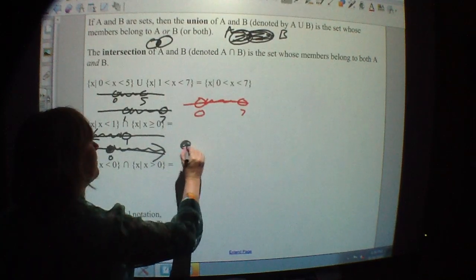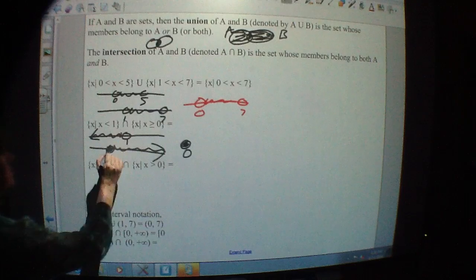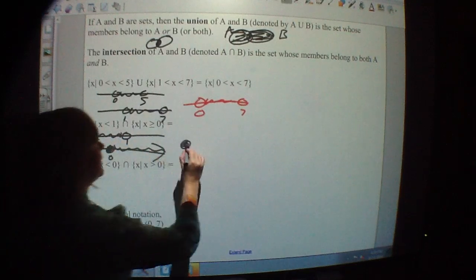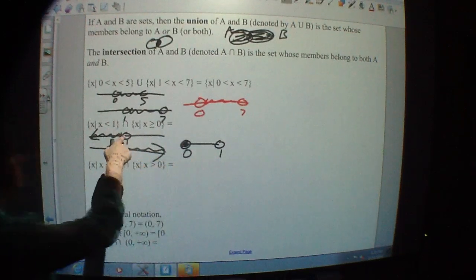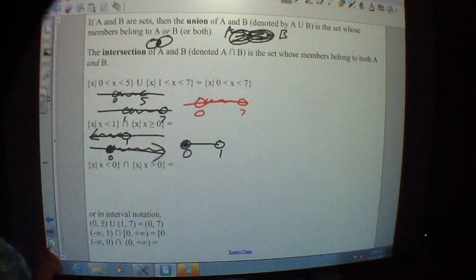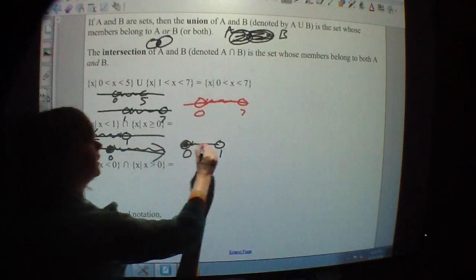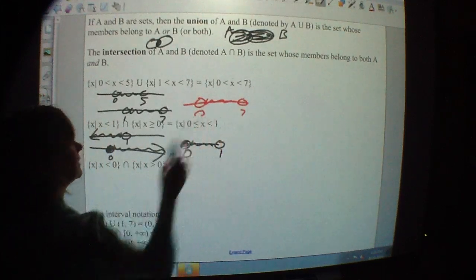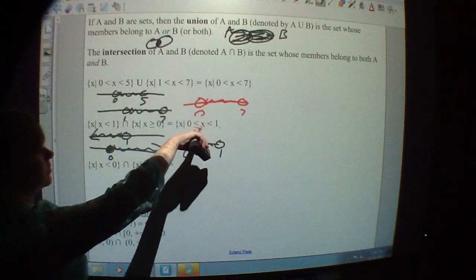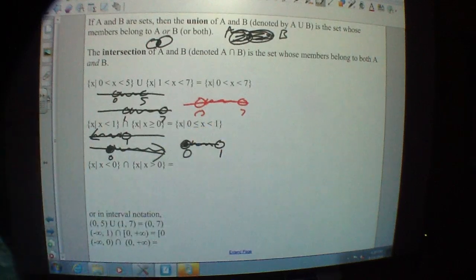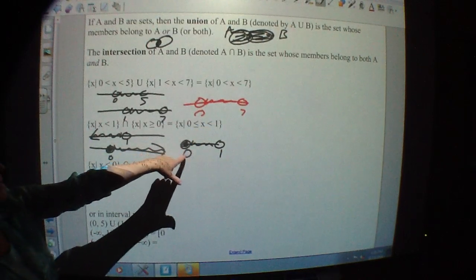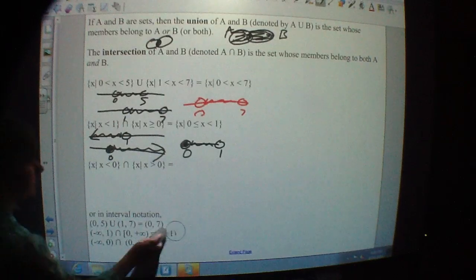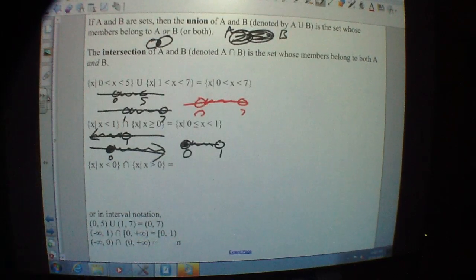So they overlap at 0, because 0 is included in both of those. But they don't overlap at 1, because 1's only included in that one, and not that one. So here's what your picture would look like if you had to graph it. So that would be the set of all x such that 0 is less than or equal to x is less than 1. Or the bracket 0 comma 1 with a rounded parenthesis after it.